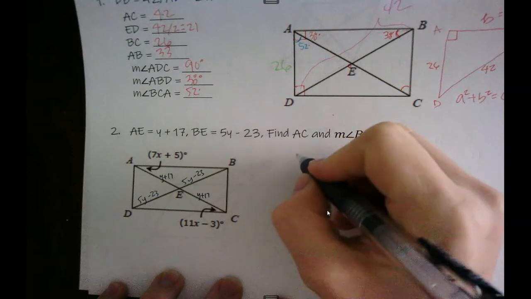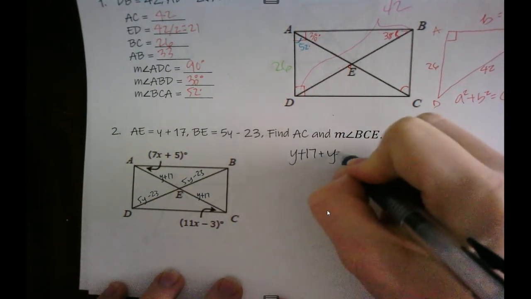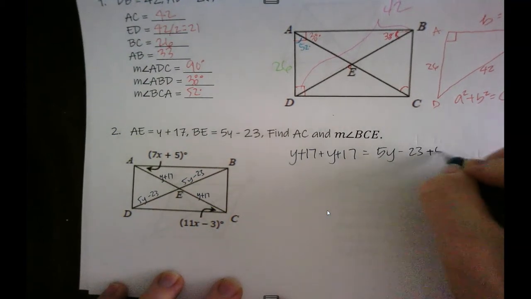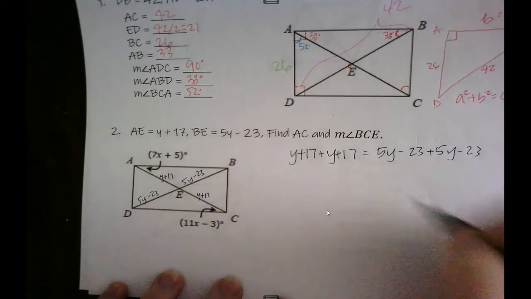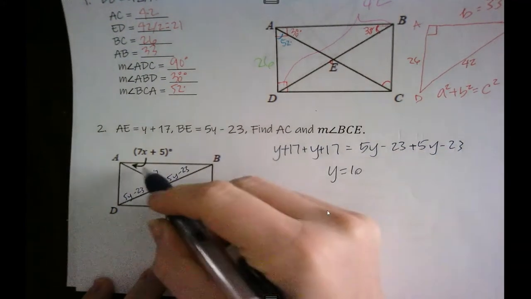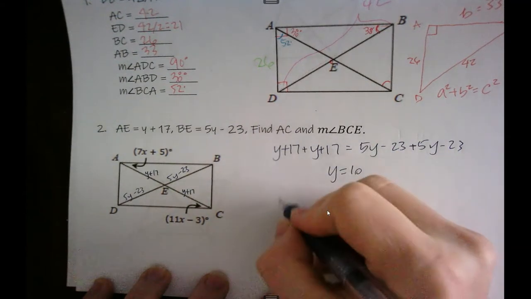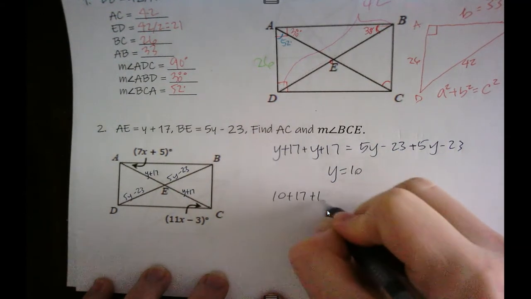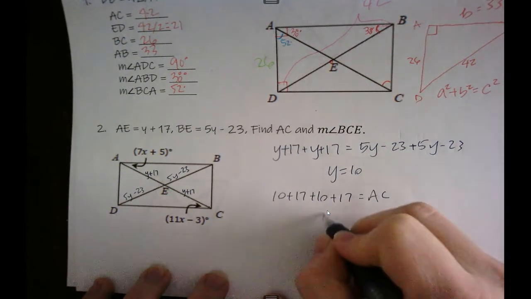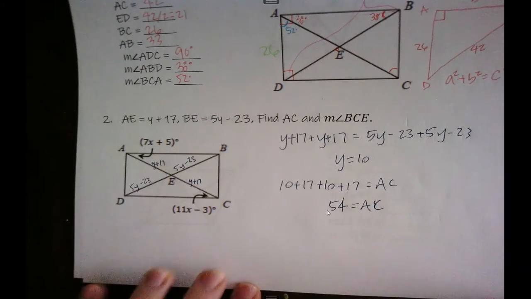So these two full lines: y plus 17 plus y plus 17 equals 5y minus 23 plus 5y minus 23. Get y by itself, y equals 10. I want to find what AC is, so I'm going to plug it into this side, equals AC. So when I add all those up, AC is 54.